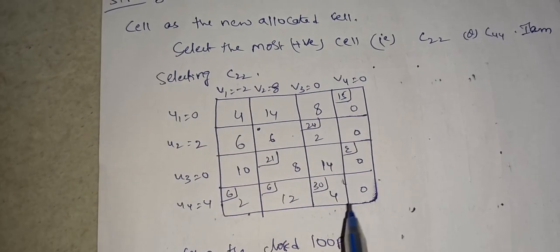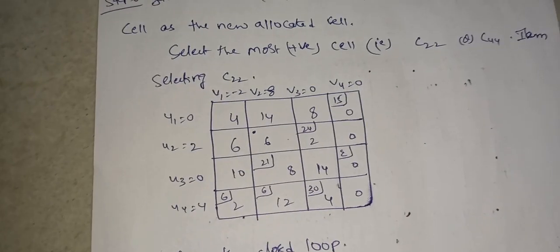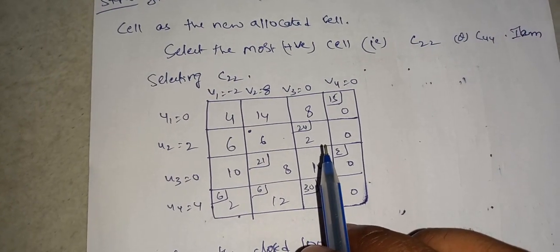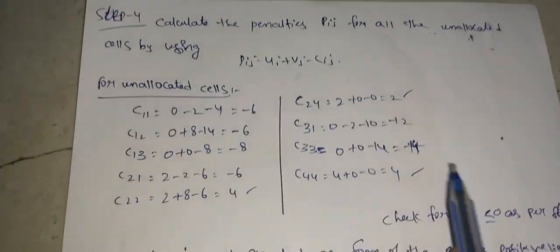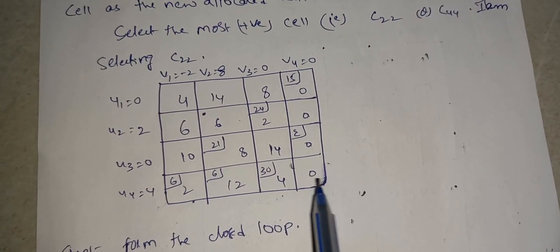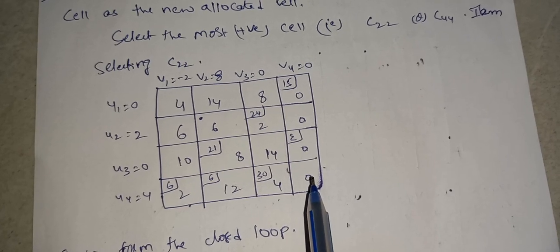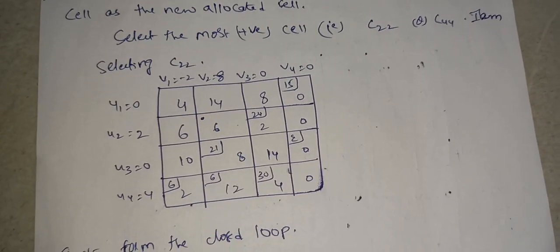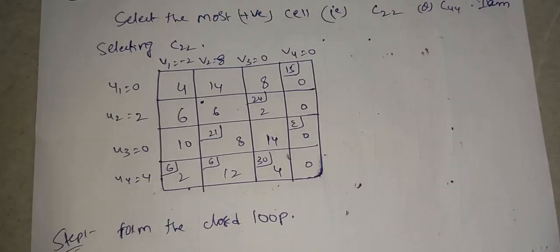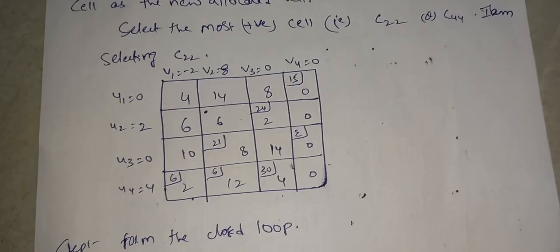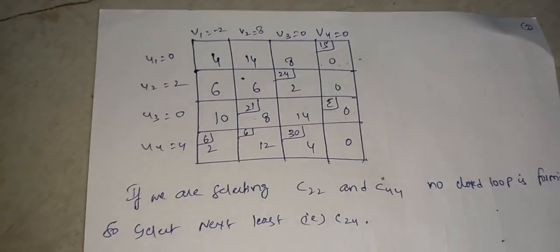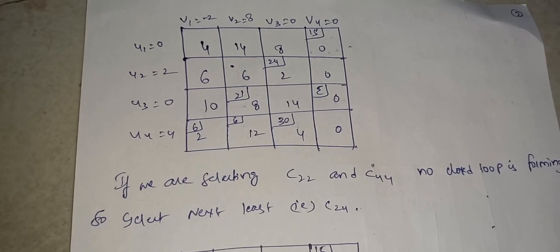I am trying to form a closed loop, but the closed loop is not forming by selecting C22. Again I select C44. Starting here, I am trying to create a loop, but the closed loop is not forming here. C22 and C44 cannot form a closed loop.